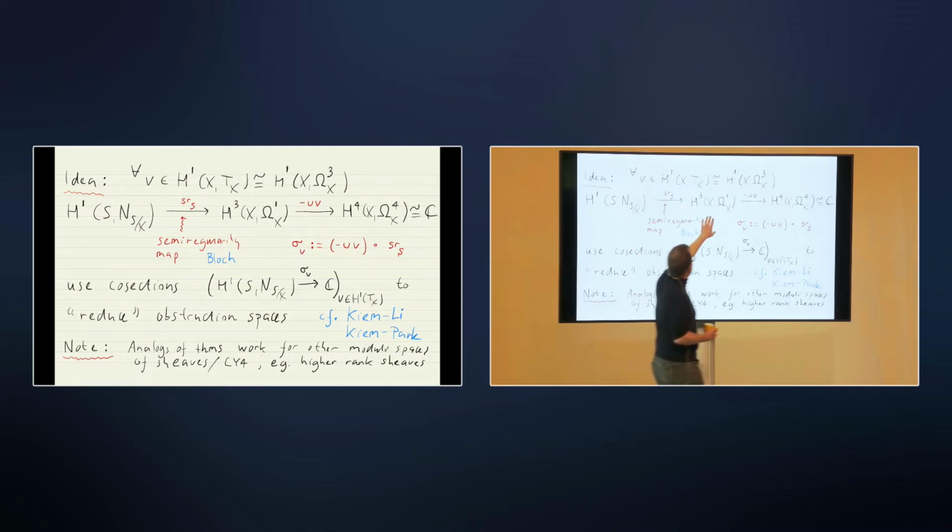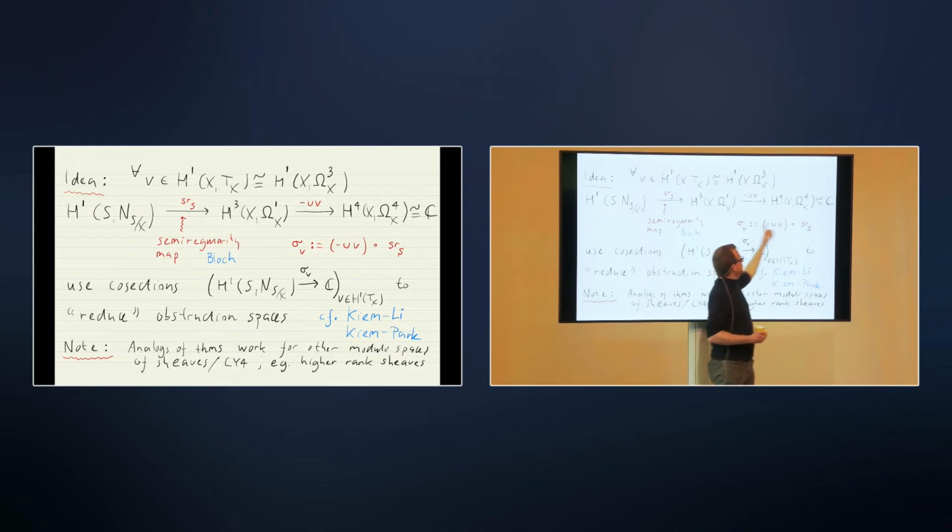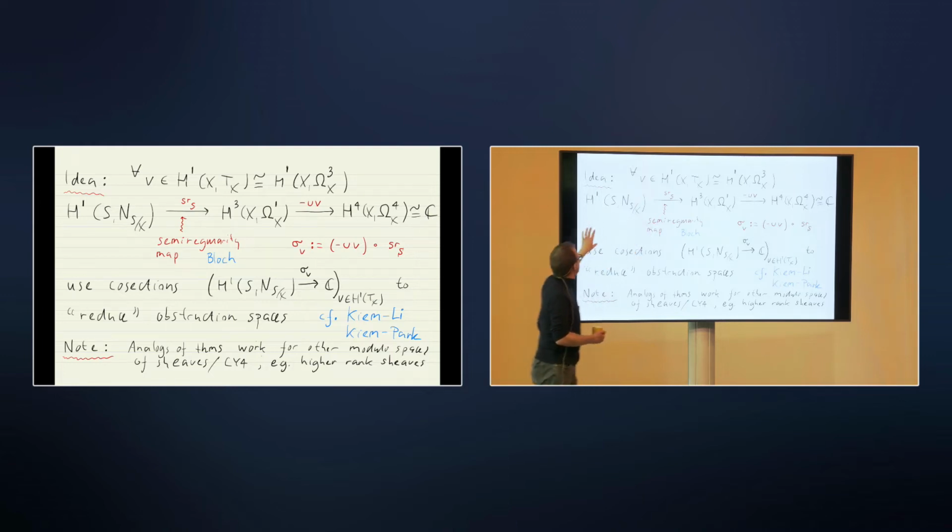And once we're here, we do something specific to Calabi-Yaus. We take a shifted vector field. By the Calabi-Yau volume form, we can identify it with a (3,1) form. So if we have a (1,3) form and we cup it with a (3,1) form, we get a (4,4) form, which we integrate to a number. So this linear functional on the obstruction space is what's called a cosection.